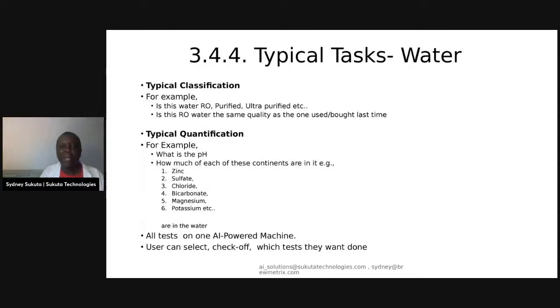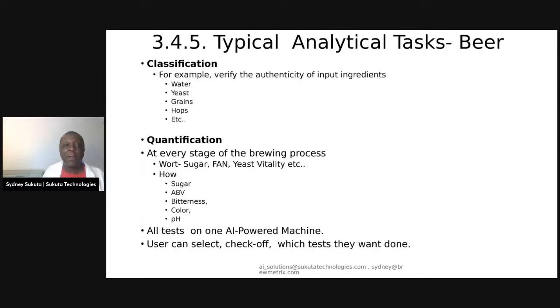I just put a few here, and again, all tests are on one AI powered machine. You don't have to buy different machines for different things. It's one in all. Okay, so basically it's signing up. You check off what you want. Maybe you don't want all of these.